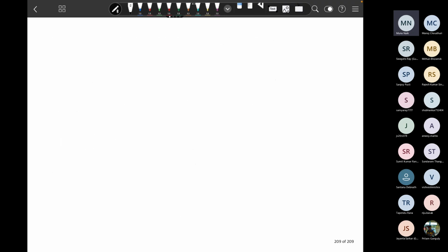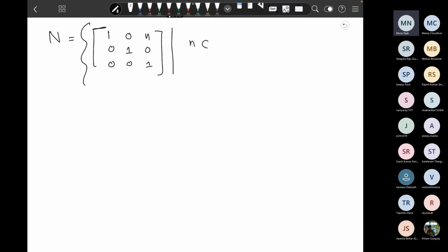Now you take N, the matrices 1 0 n, 0 1 0, 0 0 1, where n belongs to Z. Then this N is a closed normal subgroup of H.